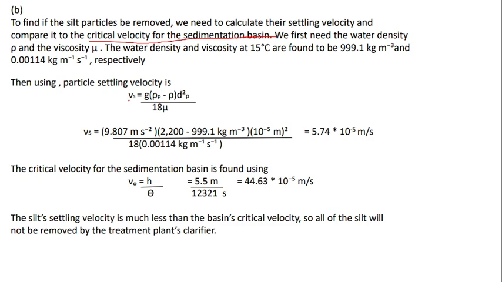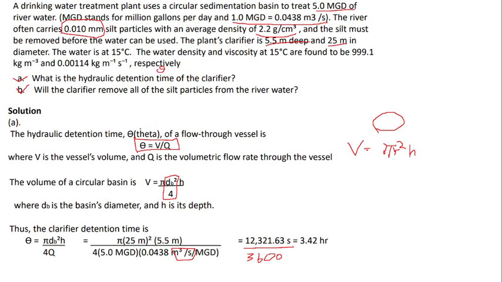So we know the settling velocity formula is Vs is equal to g into rho P minus rho into dP square divided by 18 mu. G is constant, 9.807 meter per second square, and rho P is given as 2.2 gram per centimeter cube.